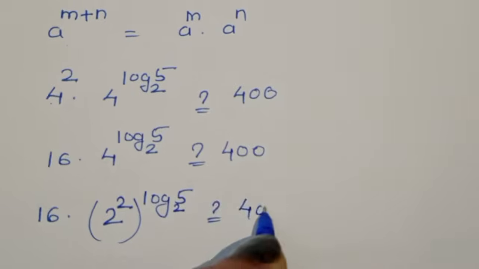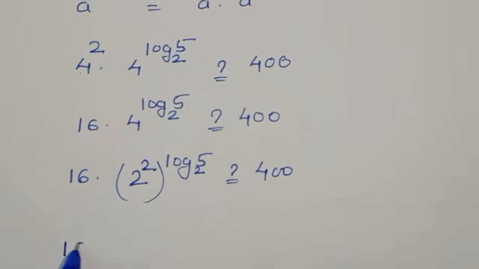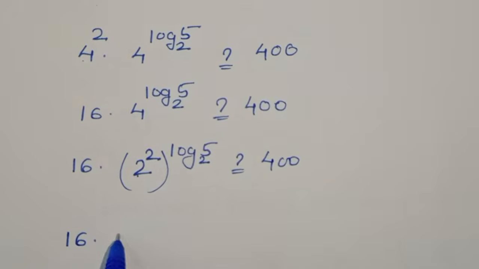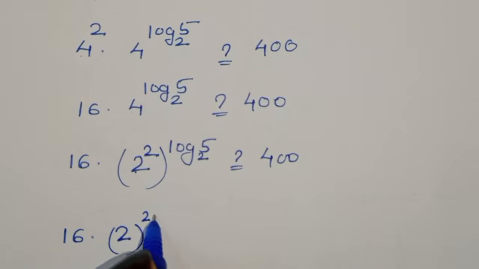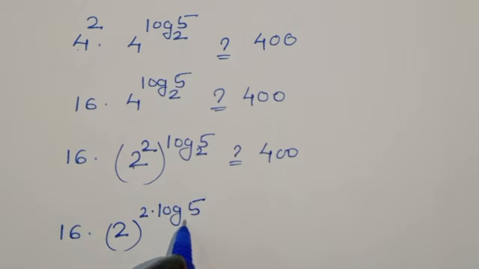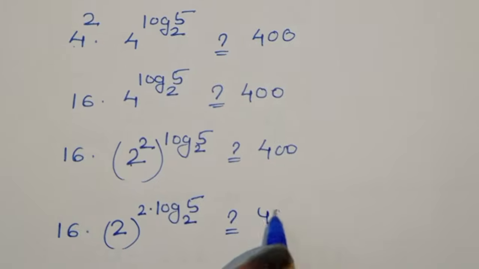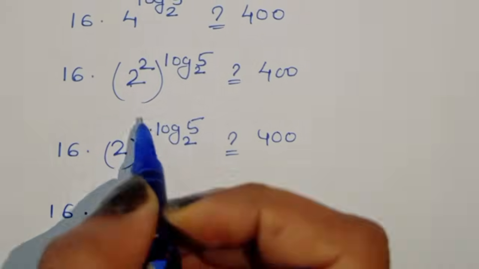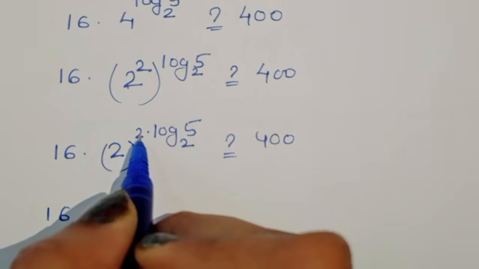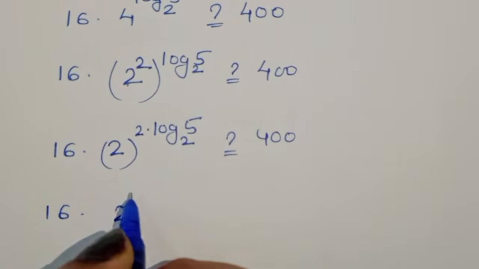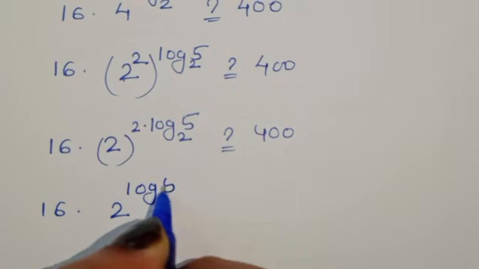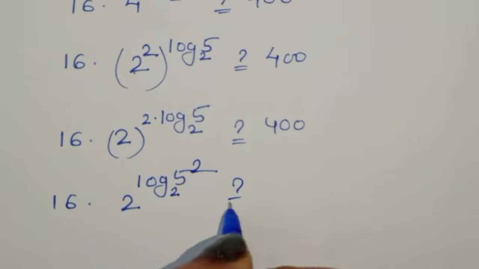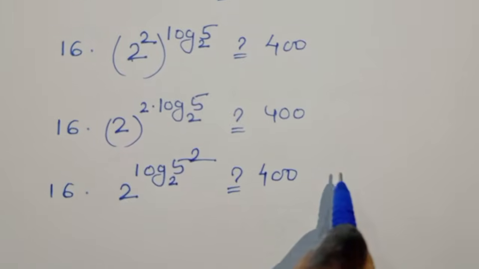Here this is 2 power 2, so we can write 2 power 2 times log of 5 to the base 2. Now this power will come to this side, so it will become 2 power log of 5 to the base 2, whole square, question mark 400.